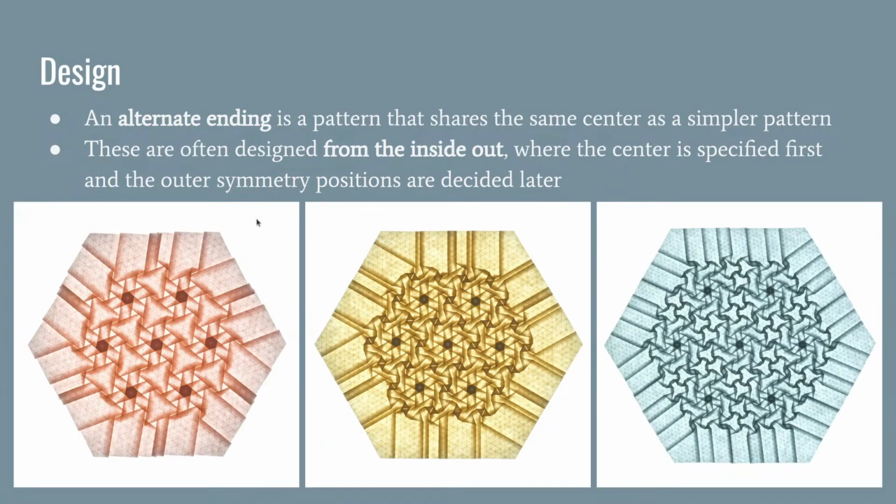So you'll notice that the left pattern here, that's not quite a diagonal grid. The middle one is a diagonal grid, goes straight across. And the one on the right is not quite a diagonal grid either. Those grid lines are not perpendicular to the edge. So that's why I like to draw them on the computer first.